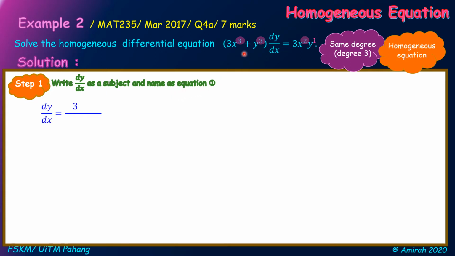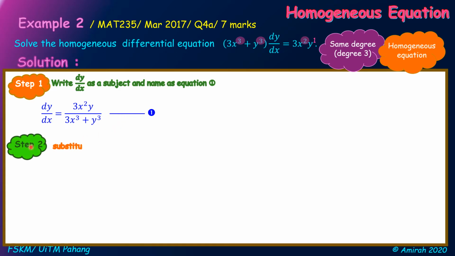We move 3x cubed plus y cubed to the right hand side, so we have dy/dx equals 3x squared y over 3x cubed plus y cubed. Now we have dy/dx as the subject, and we name it equation 1.